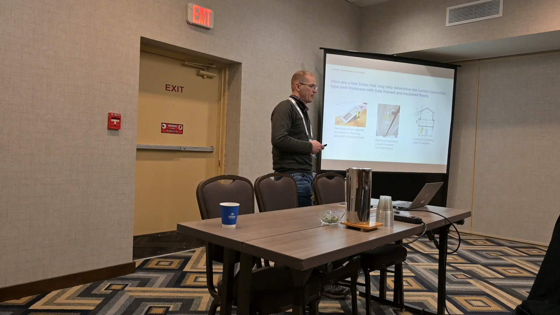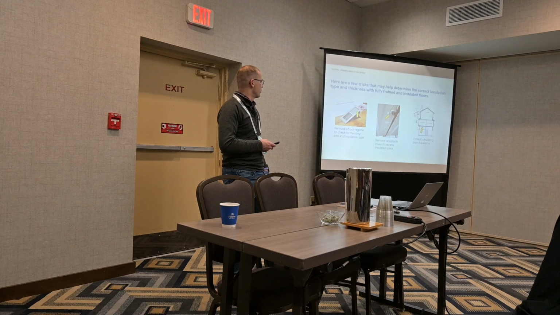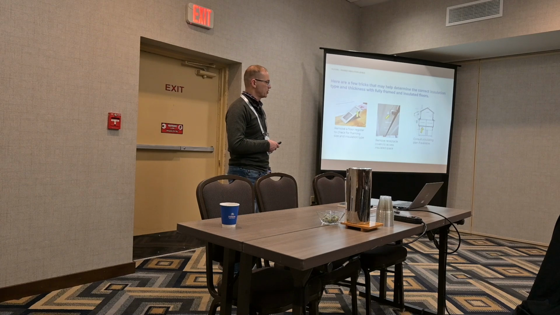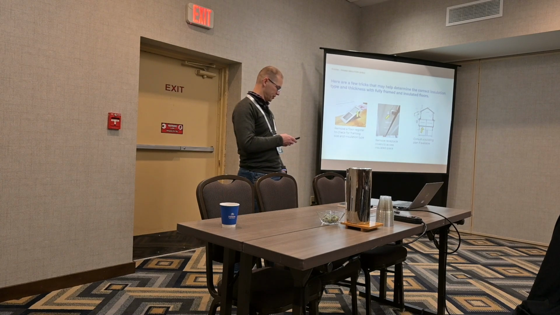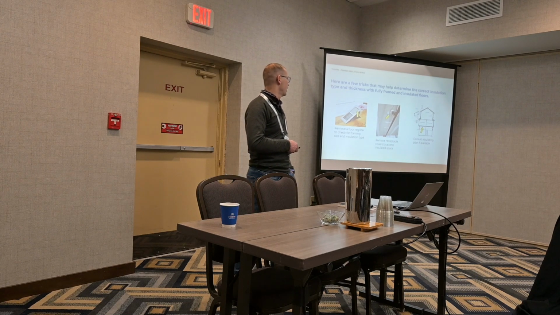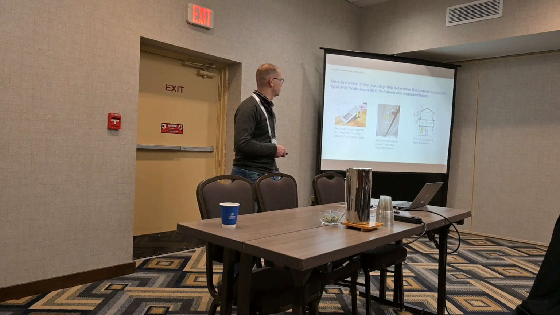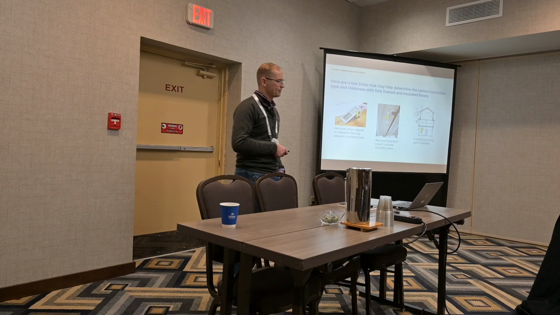Okay, so here are a few tricks with how to really get into that. You can remove a floor register, see how deep the floor is. See if it's a 2x8, 2x10 joist. Remove the receptacle and look into the space to see if it's actually insulated. And then conduct a building plan review for the architecture and engineering drawings.